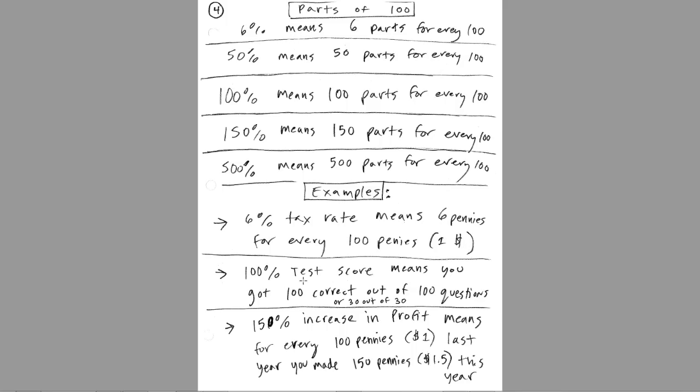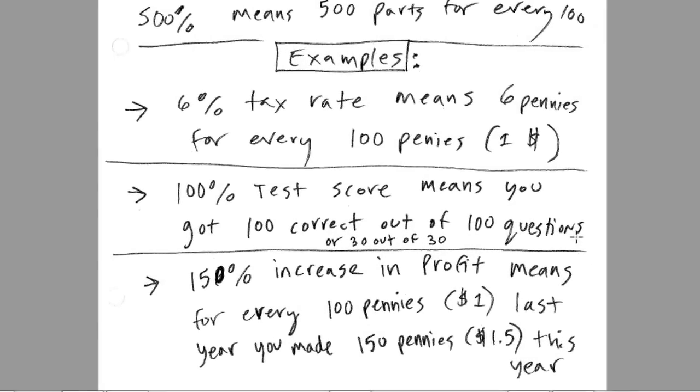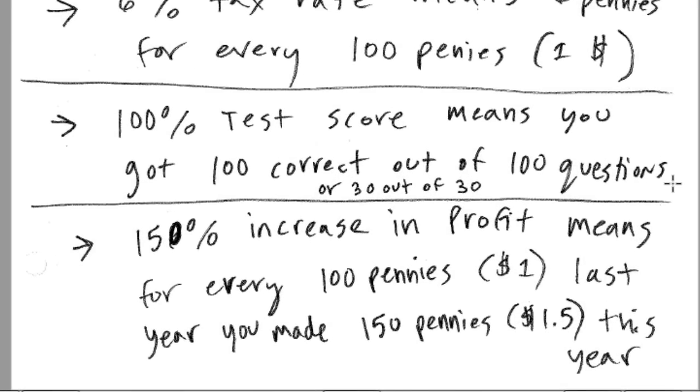100%, think of test score. That means you got 100 correct out of 100 questions, or like on your quiz in this class, I know this is really small, 30 out of 30. Remember, it doesn't matter if it's 130 or 0.06. That means 100% means the numerator and denominator are equal.